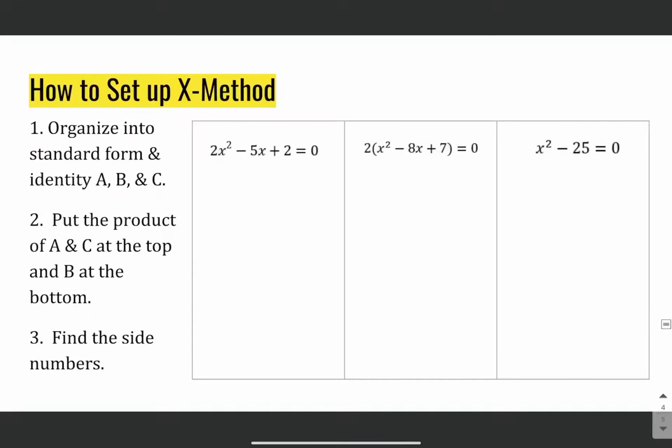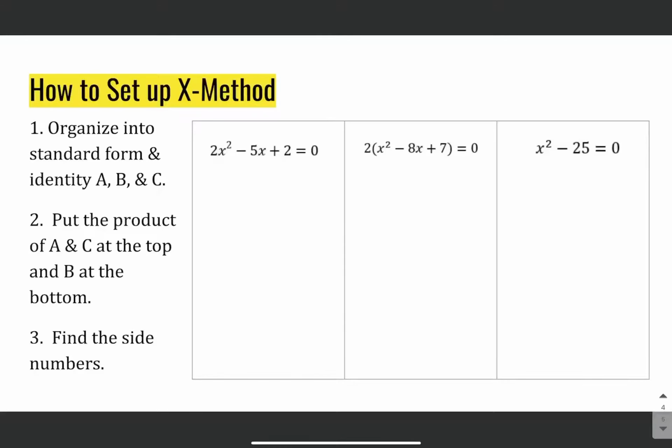So our next piece is understanding where these top and bottom numbers come from to begin with. So they come from our standard form of a quadratic. So again, our top numbers and our bottom numbers for our X method come from our standard form of a quadratic.